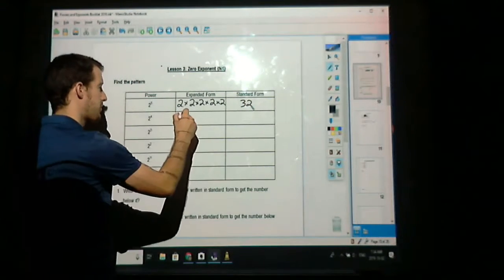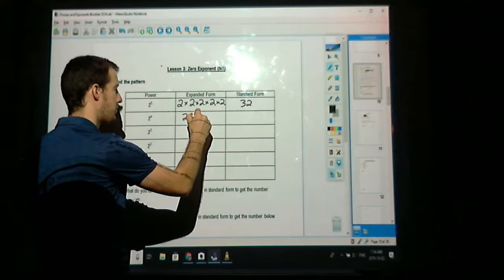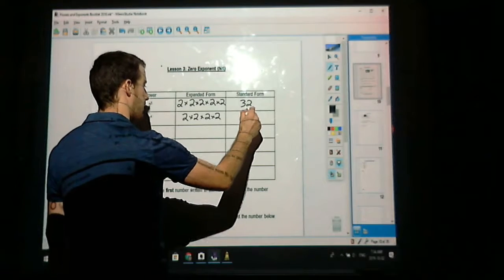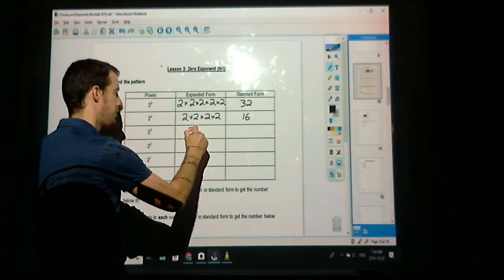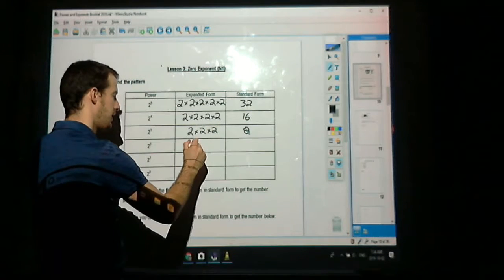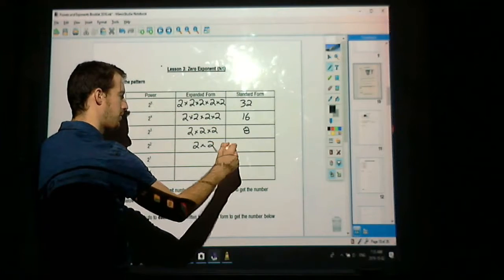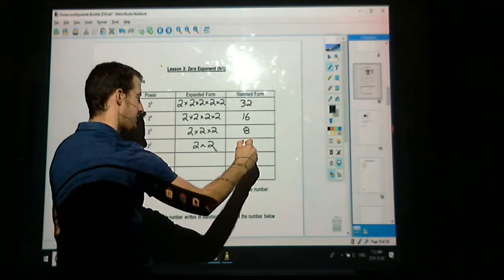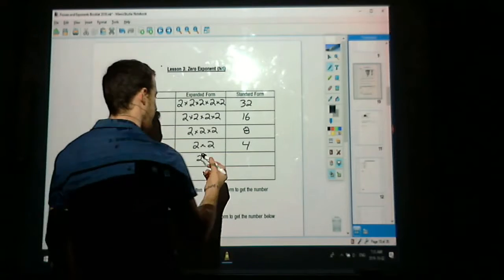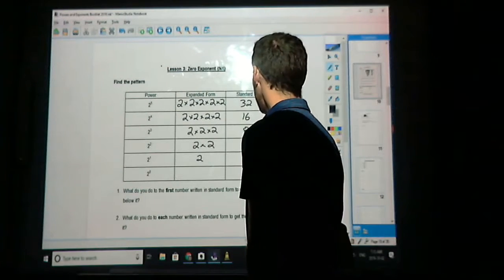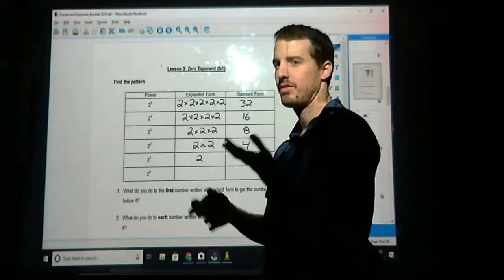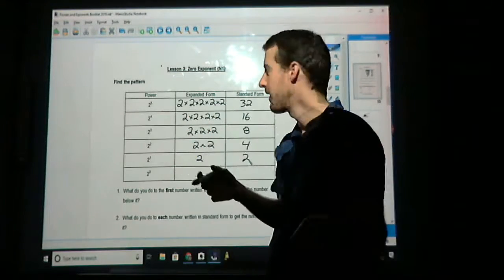If you go through the steps, 2 to the power of 4 is 2 times 2 times 2 times 2, so we end up with 16. 2 times 2 times 2, 8. 2 times 2 is going to be 4. 2 to the power of 1 is 2. And with expanded form, you can't really do it, because it's 2 times itself 0 times. So what does that mean?